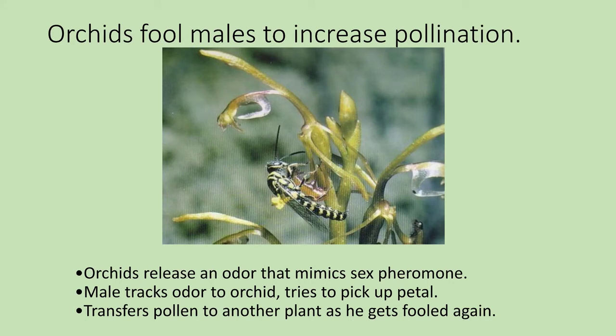So here you can see that the orchid, in order to attract more male wasps, and maybe the whole reason the wasp in the first place was attracted to the orchid, is that the odor that it produced was similar to the odor that a female wasp will produce in order to attract males. We call those pheromones. And if they're attracting males for sexual reproductive purposes, we refer to those as sex pheromones.